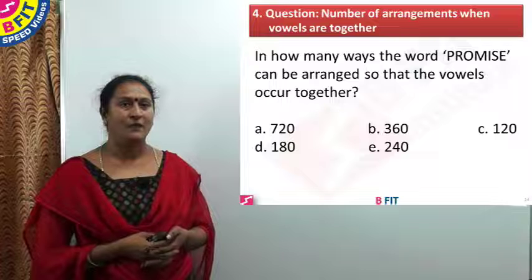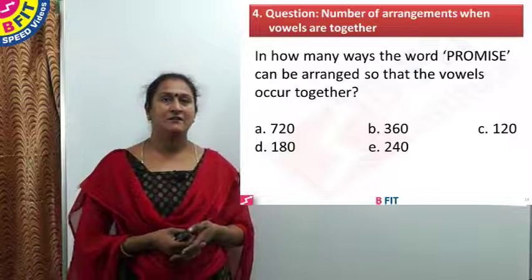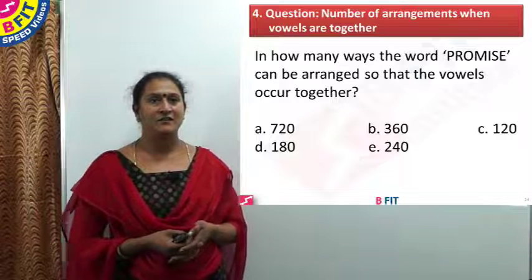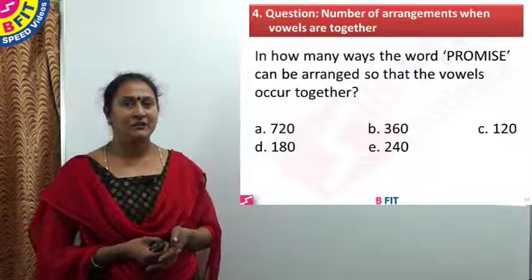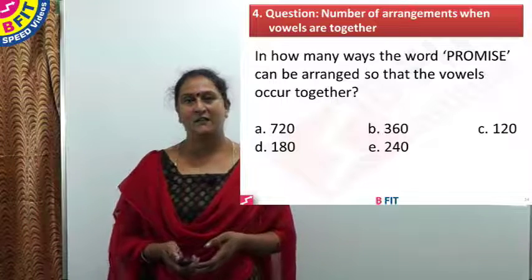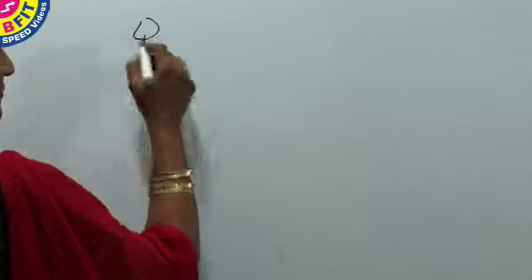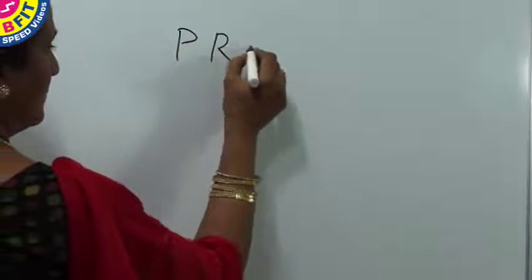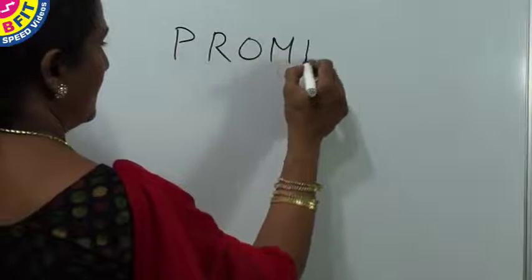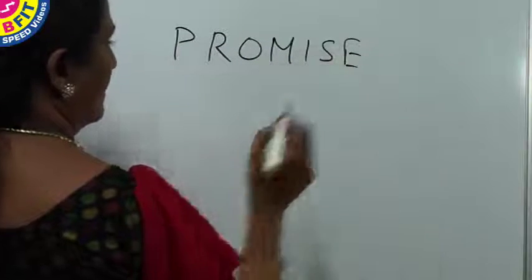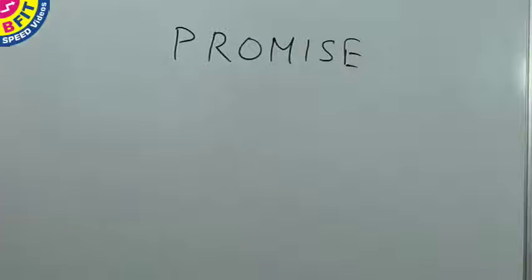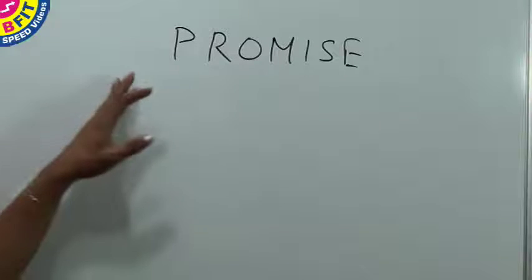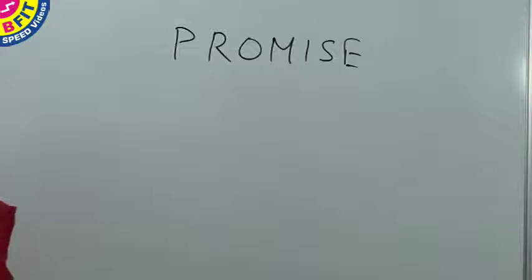Question number 4. In how many ways can the word promise be arranged so that the vowels occur together? So we'll see the working. The word given here is promise. It has 7 letters, and if arrangement is asked, we can find 7 factorial, 5040.